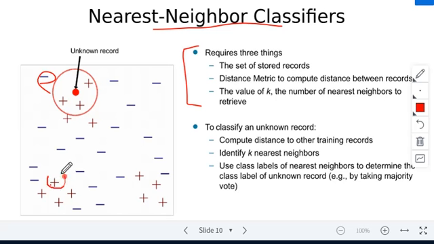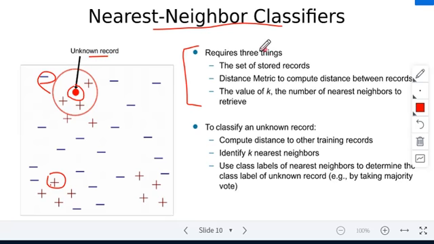The training records belong to a category or class label, either a negative example or a positive example. The red dot is nothing but the unknown record, a test record whose class is yet to be predicted.